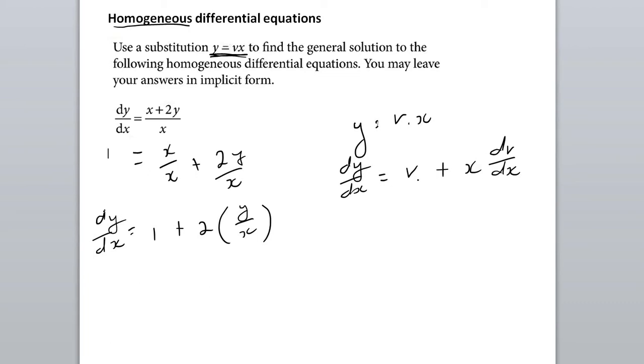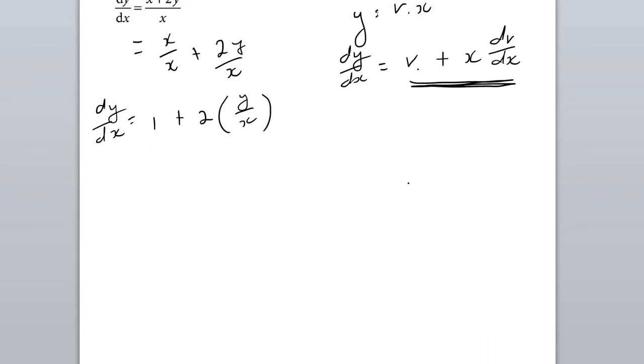Now what we have here is a dy/dx, so I can replace this dy/dx with what I have gotten on the right hand side. So let's rewrite this now. Instead of dy/dx, I'm going to say v plus x times dv/dx is equal to 1 plus 2. Now they told us to replace y with vx.